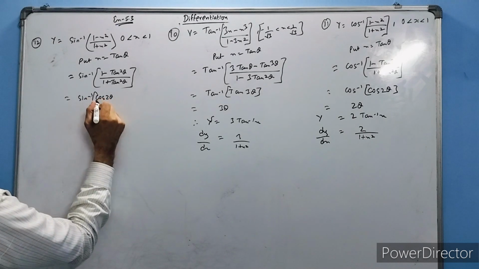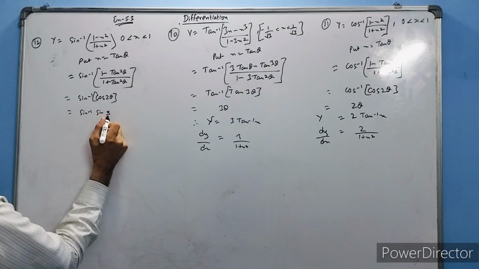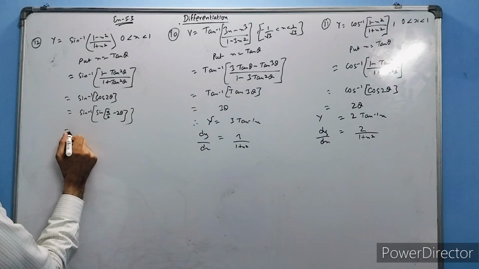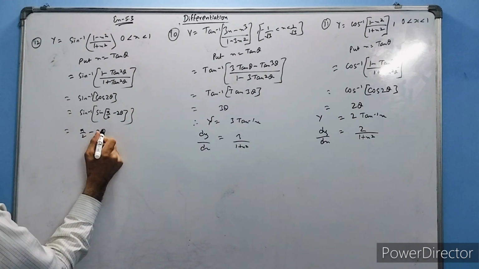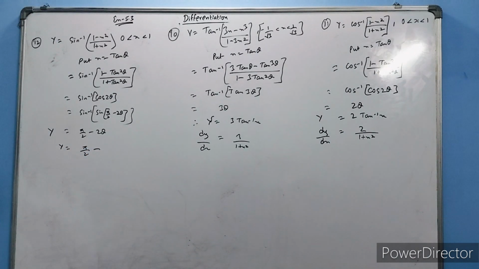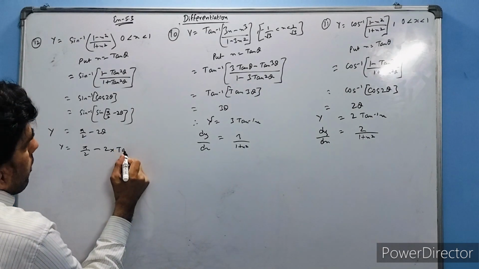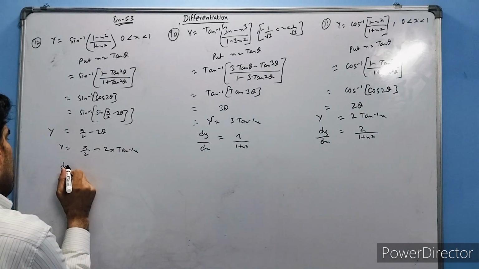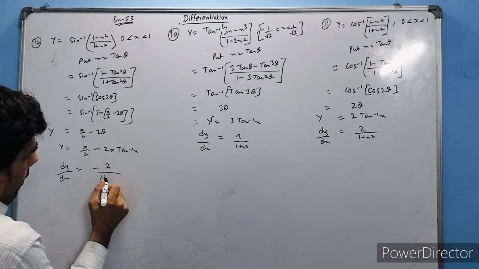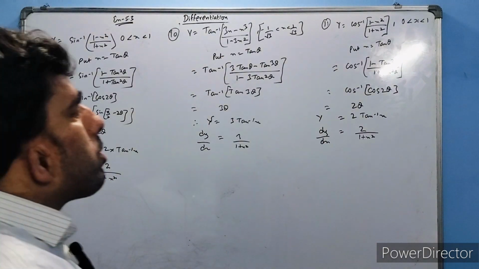So what we can write here: sine inverse sine of (pi by 2 minus 2 theta). Y is equal to pi by 2 minus 2 theta, theta is tan inverse x. So if I differentiate it with respect to x, we get minus 2 upon 1 plus x square. Okay, so we have solved the 12th question.